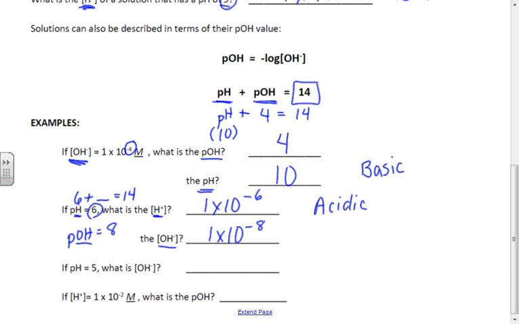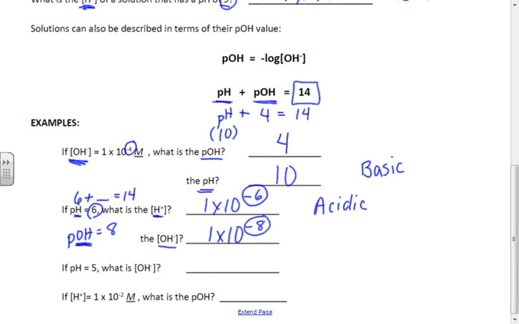You'll notice, though, also that this number and this number add up to equal negative 14. So we can skip this step of finding the pOH if we just figure out what number combined with this negative 6 would give me negative 14 once I add them together.